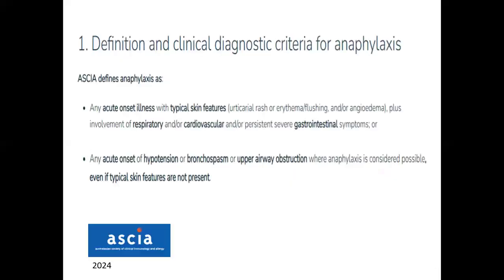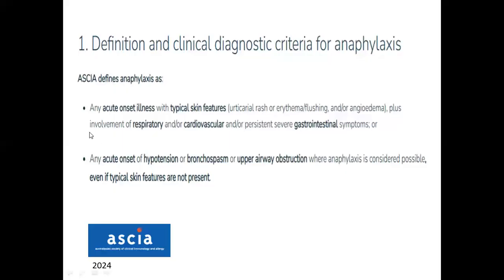So what is the definition? How do you diagnose anaphylaxis clinically? The most recent definition I came across is in the Australian guidelines, the Australasian Society of Clinical Immunology and Allergy, ASCIA 2024 guideline. The definition has two parts.